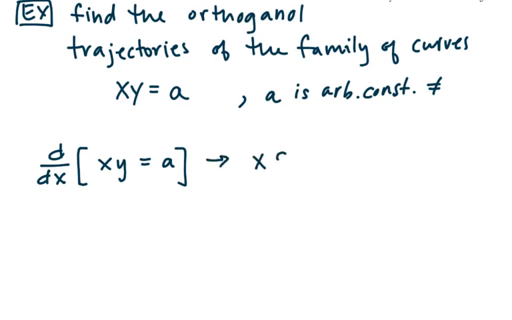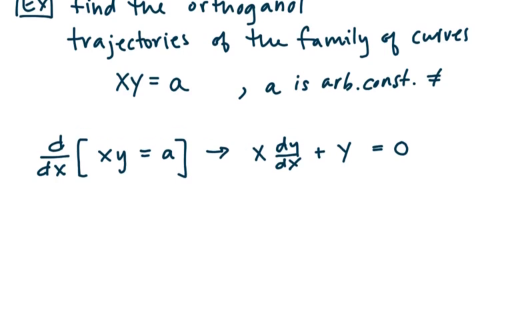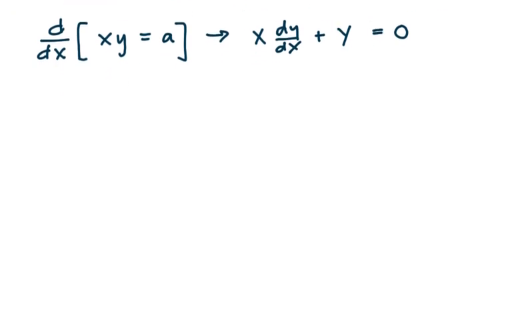That gives me x dy/dx plus y times 1 equals the derivative of that constant a, which is 0. Which we can rearrange a little bit and say that dy/dx equals negative y over x. So just using some algebra, dy/dx is negative y over x.